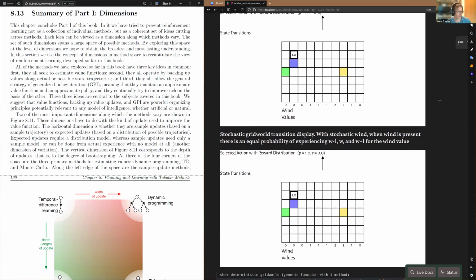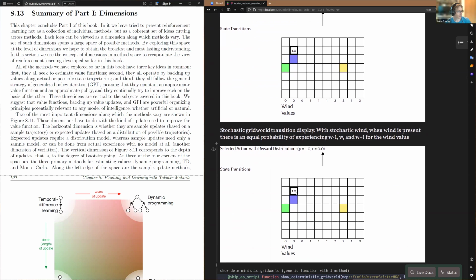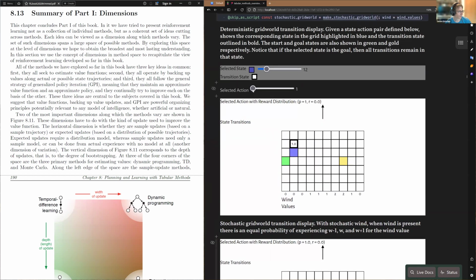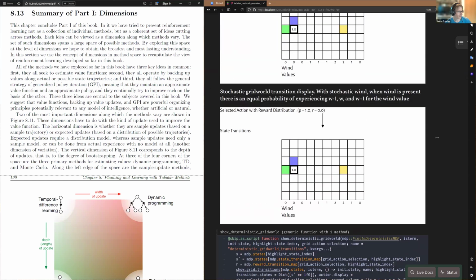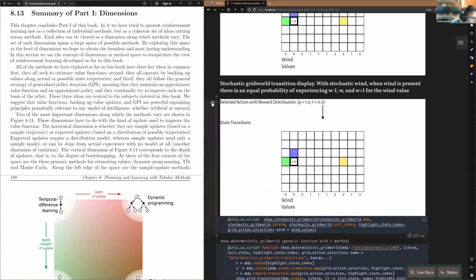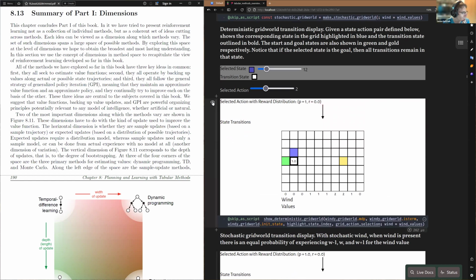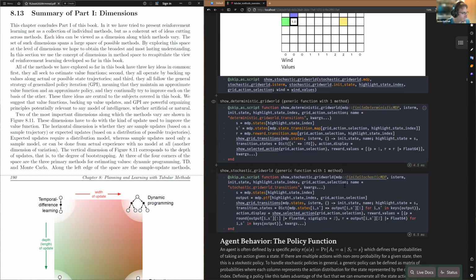And then this here should be showing the stochastic one. Wait, this doesn't seem right. Okay, sorry, this was working before. I'm trying to figure out why this is not showing anything differently. I may have renamed something here.